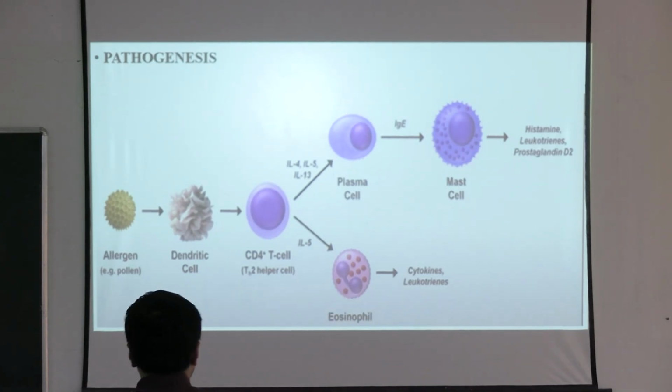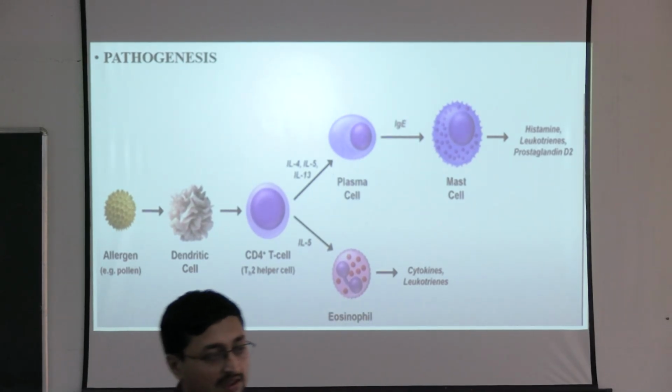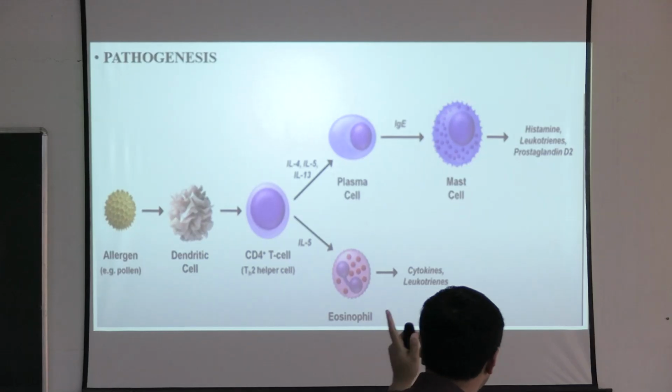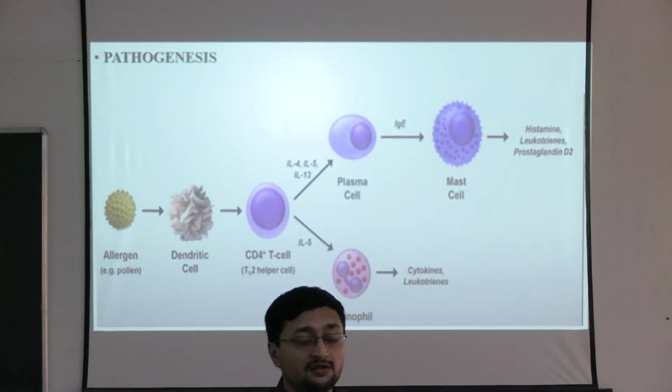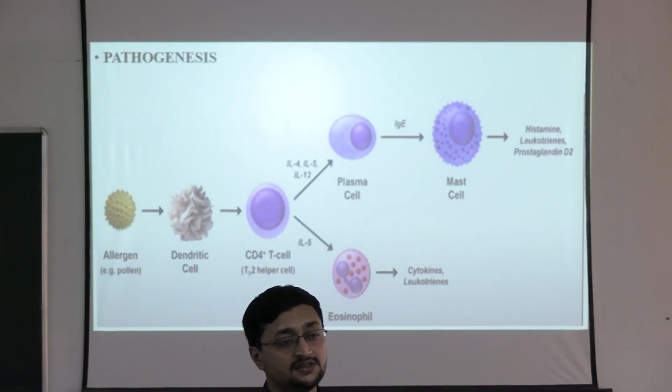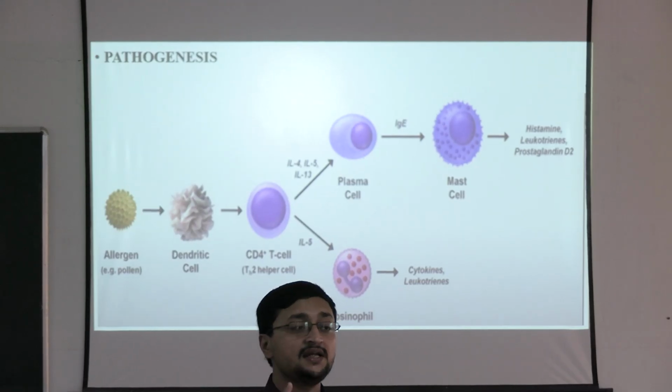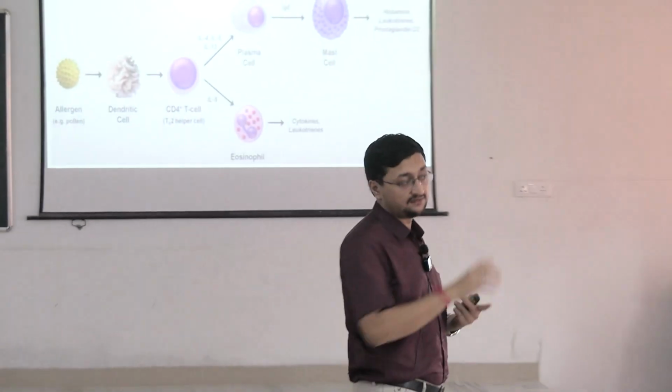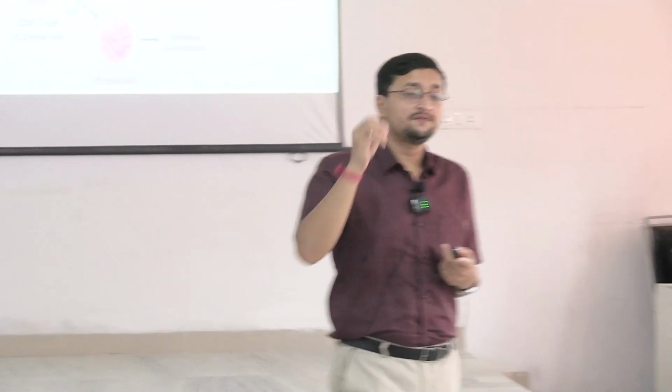So this CD4 T cell differentiates and helps the plasma cell or B cell, and produces interleukin 4, interleukin 5, interleukin 13. These three are the most important interleukins, the triggering interleukins in asthma or any allergic phenomenon. Interleukin 4, 5 and 13.